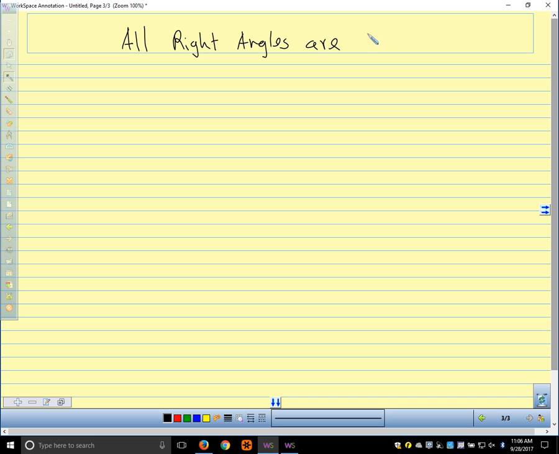They're 90 degrees, and how are they related to each other? If I know that one angle is 90 degrees and another angle is 90 degrees, what can I say about them? They're congruent. All right angles are congruent.